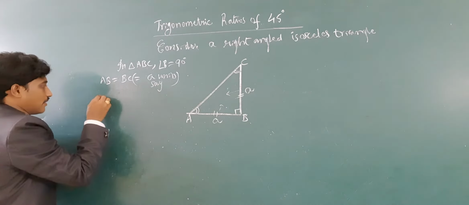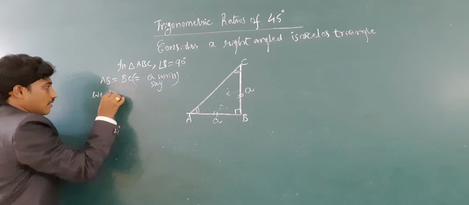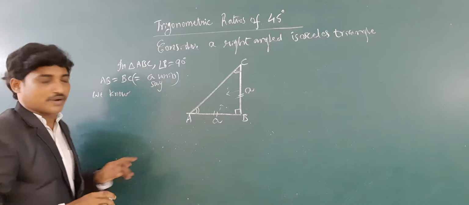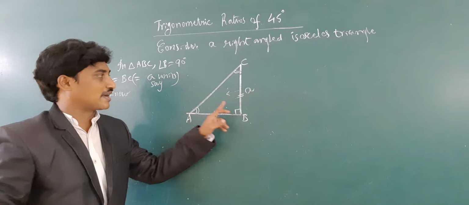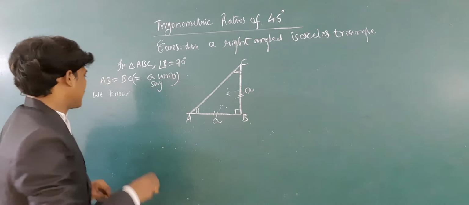We know by angle sum property, the sum of three angles of a triangle is 180 degree. Angle A plus angle B plus angle C is 180 degree.